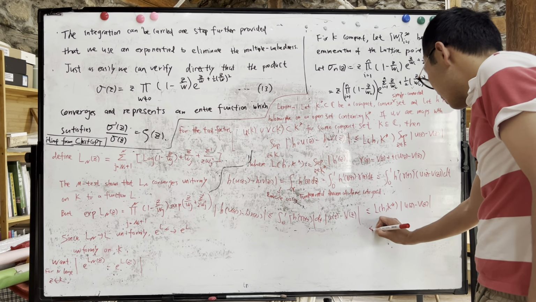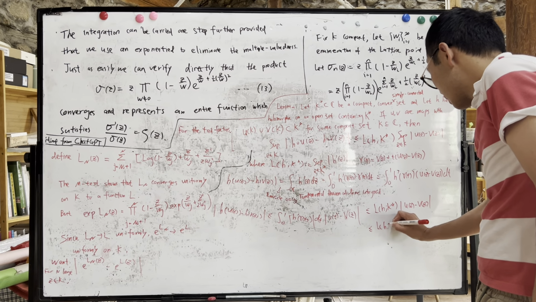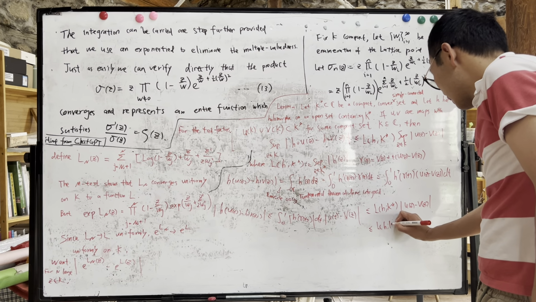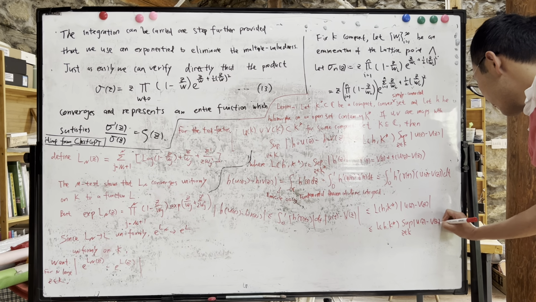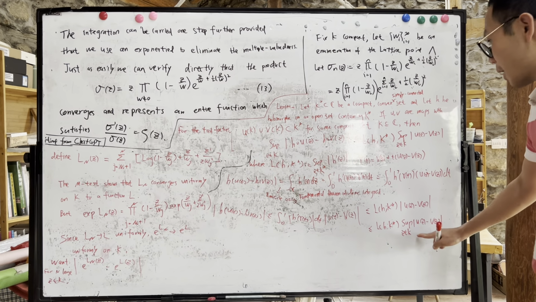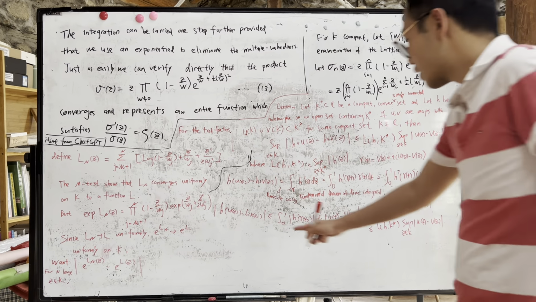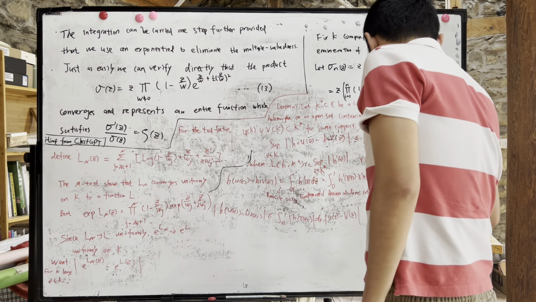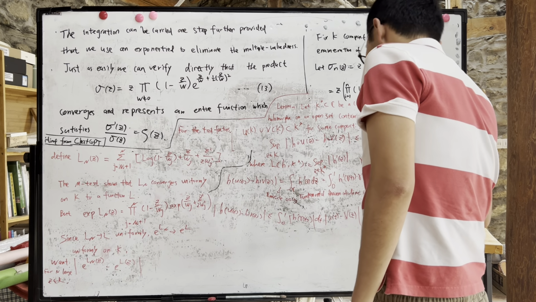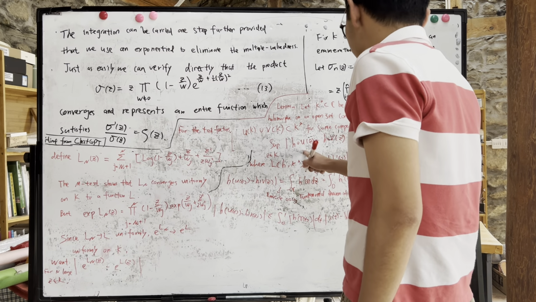So this is less than or equal to this L times the supremum of this uz minus vz. So this is an upper bound for the modulus of huz minus hvz. Therefore, after taking the supremum of huz minus hvz, it should also be less than or equal to this guy. So we have this result.